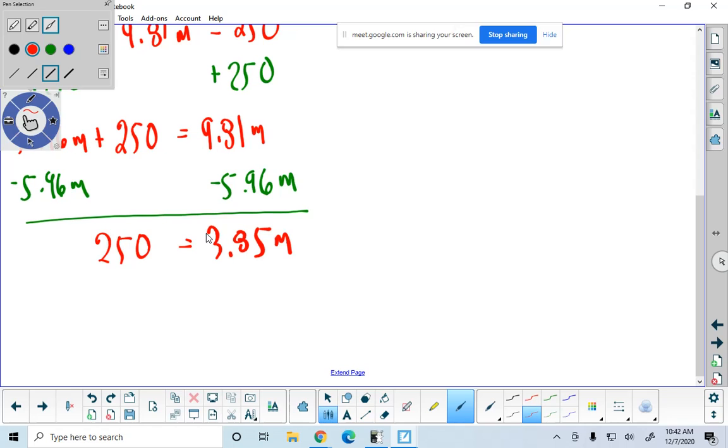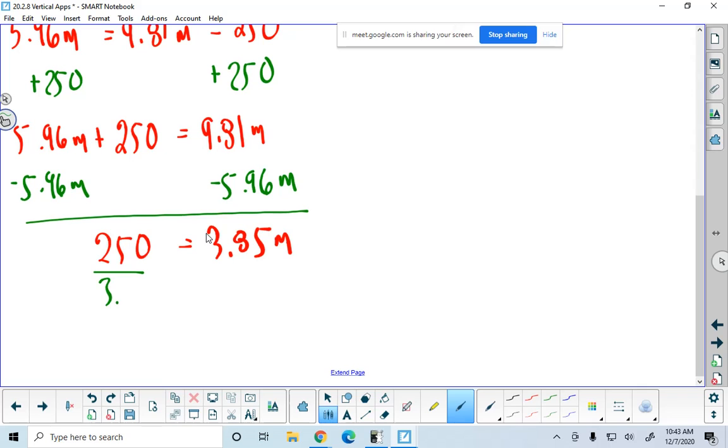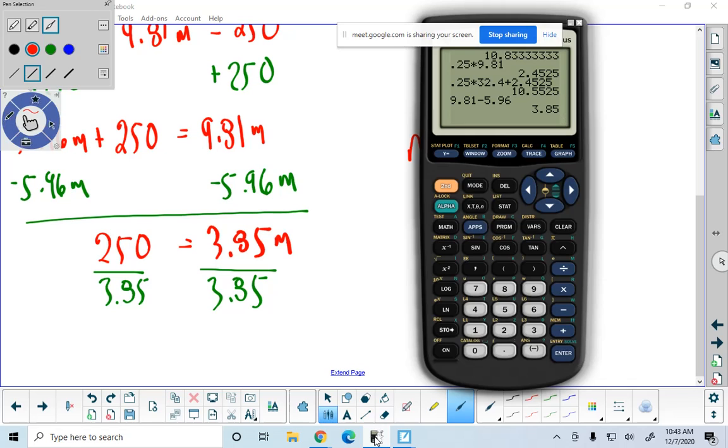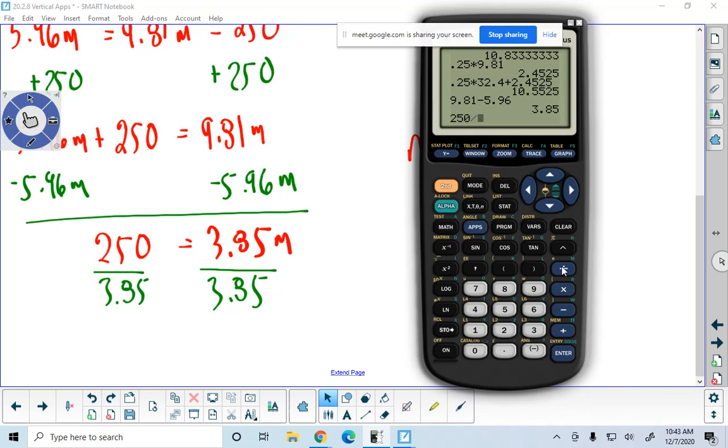And now to find m, you divide both sides by 3.85. And we're going to get our mass. So the mass of the skydiver and the chute that she is carrying is 65 kilograms.